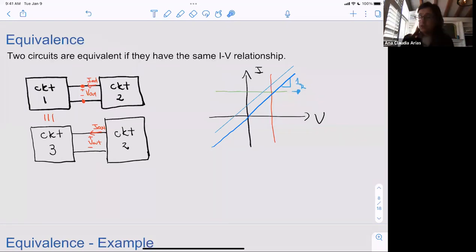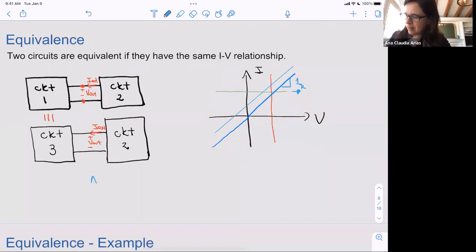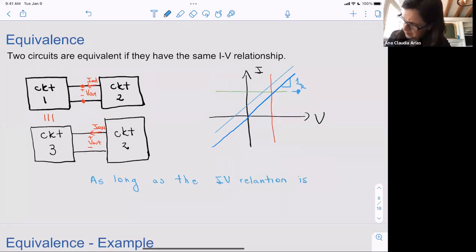All right, so we are going to make use of this. And the message here for our design is: as long as the IV relation is the same, we can say that circuits are equivalent.